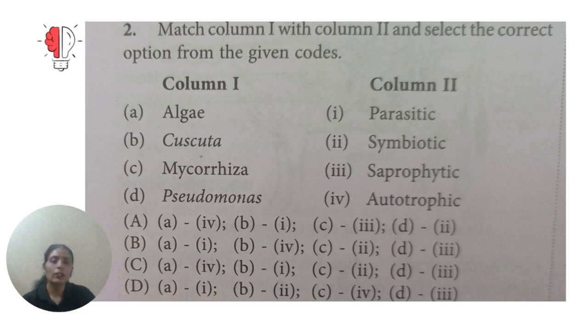Mycorrhiza is symbiotic association of plant roots and fungi. And the pseudomonas is saprophytic. We have discussed that it can biodegrade the vegetable peel. So, as per this, A is matching with fourth, B is matching with first, C is matching with second, and D is matching with third. So, option C is our correct answer.